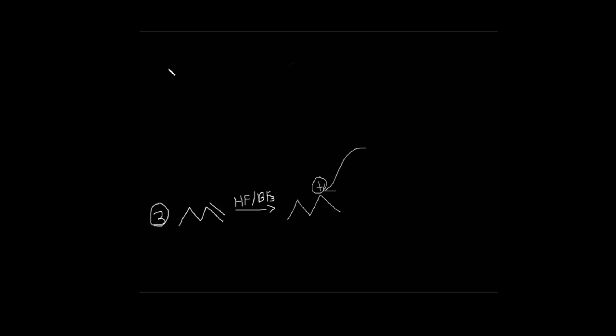Okay, now the fourth reaction that can happen to form a carbocation that the benzene can attack is when you react an alkene with an acid and AlCl3.